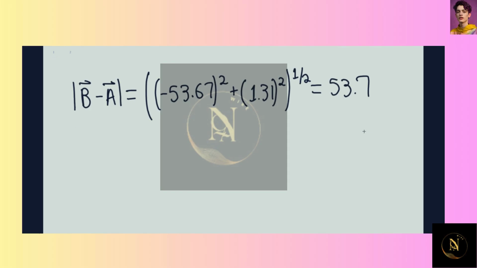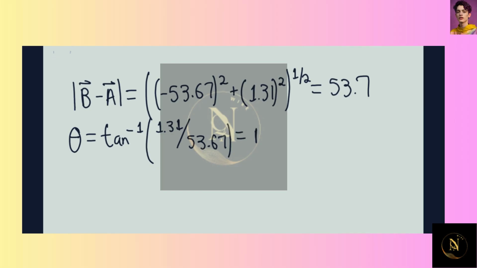And if we wanted to find the direction of this, we can say that this will be arctan of 1.31 divided by 53.67. This is equaling 1.4 degrees above the negative x-axis.